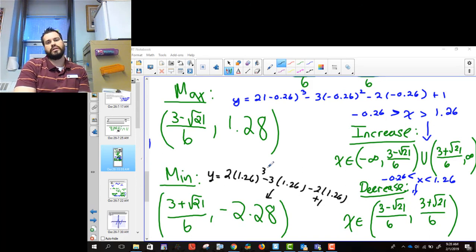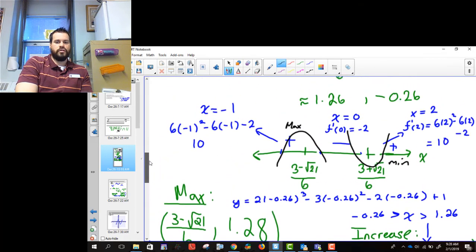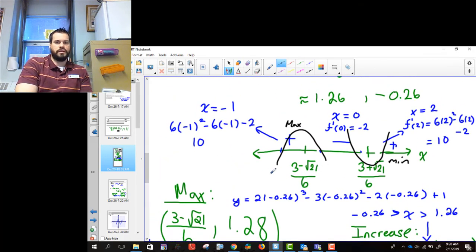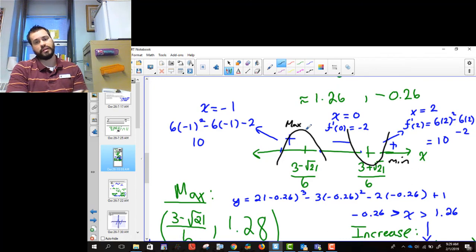And then the question is, when is the function increasing and decreasing? And that's based on my number line. So if the slopes are positive, it's increasing. The function is, not the derivative, but the function. So the function's going up until it hits that number, and then it goes down, and then it goes back up.